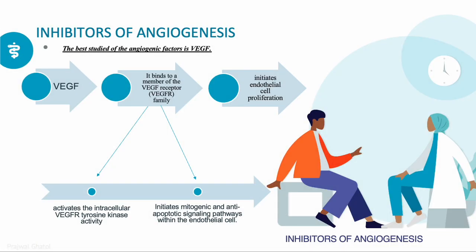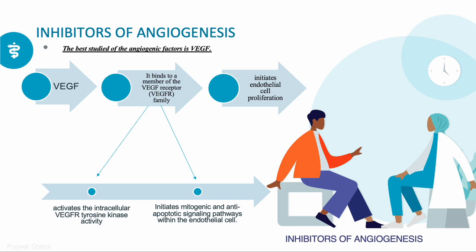Earlier we discussed the various angiogenic factors. The most studied among the angiogenic factors is VEGF, vascular endothelial growth factor. So how does it cause malignancy, and why is it related to malignancy?